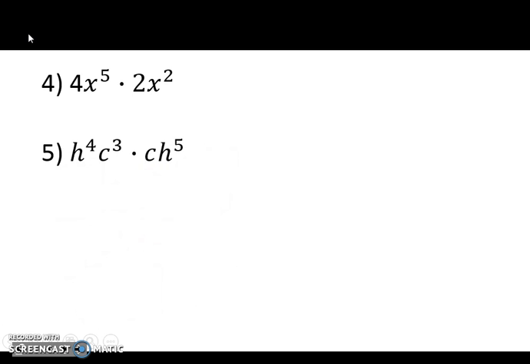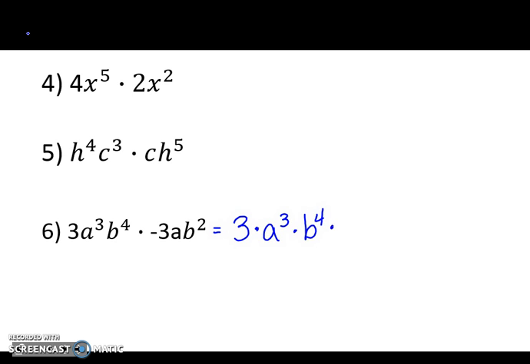And then one last one. So I'm going to separate out each term. Alright, so I can put an exponent of 1 on that A. So I'm going to combine my A's.